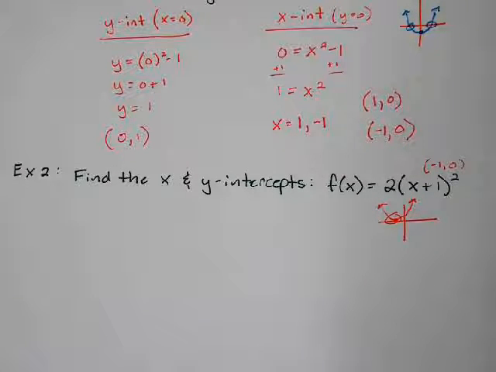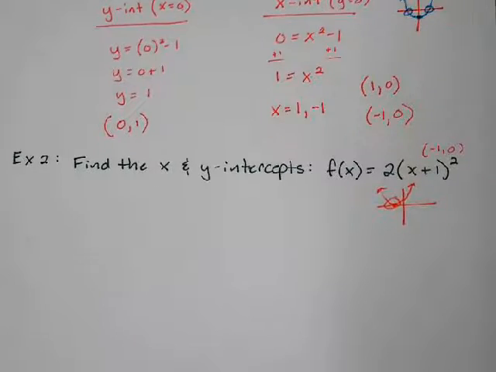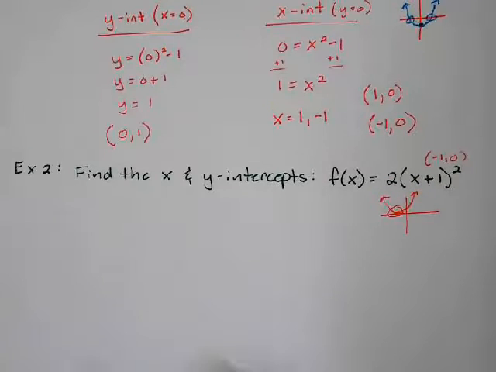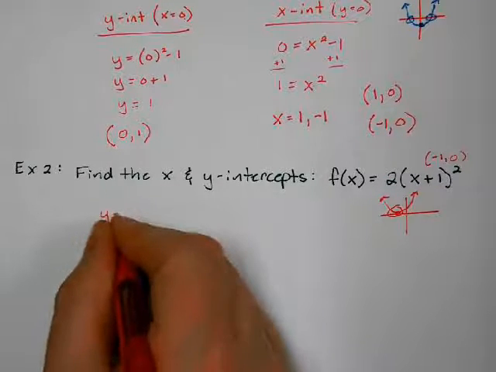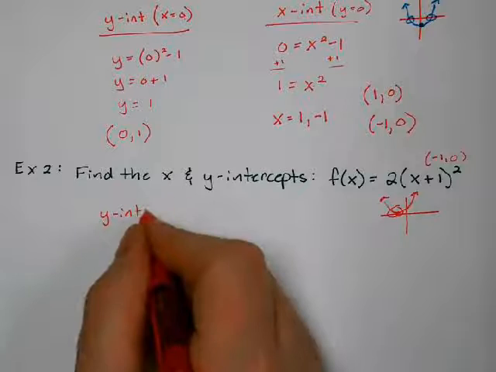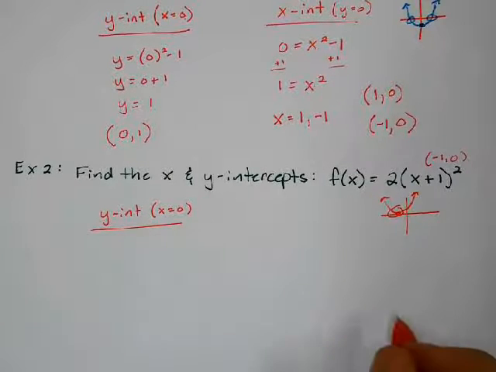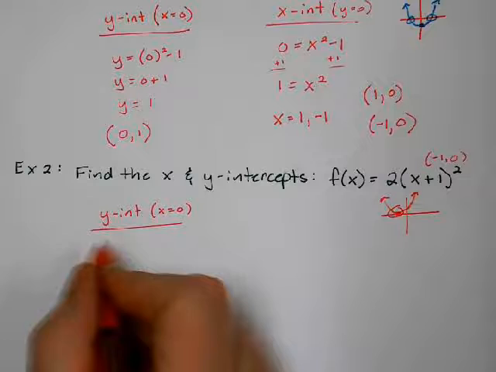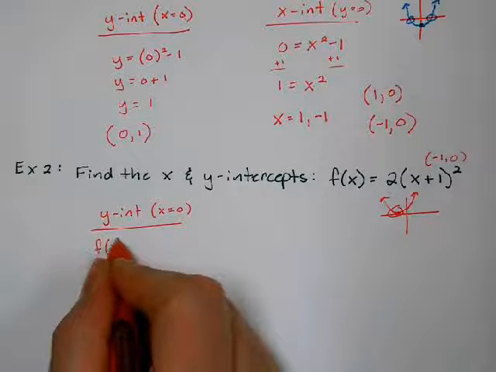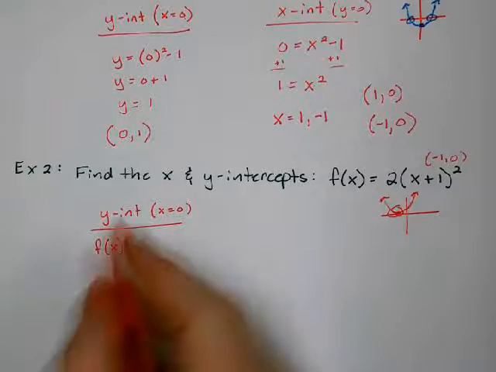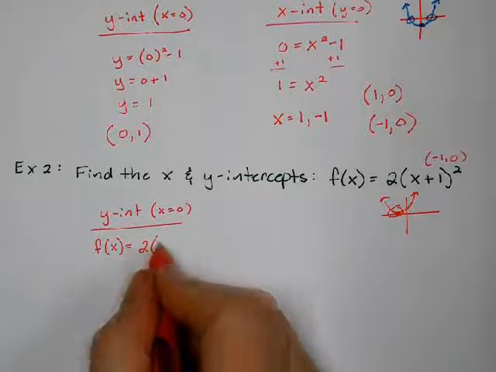So let's find our x and y-intercept. We'll start with our y-intercept. That's when x is equal to 0. So I'm going to plug in 0 right there. So f of x is equal to 2 times (0 plus 1) squared.